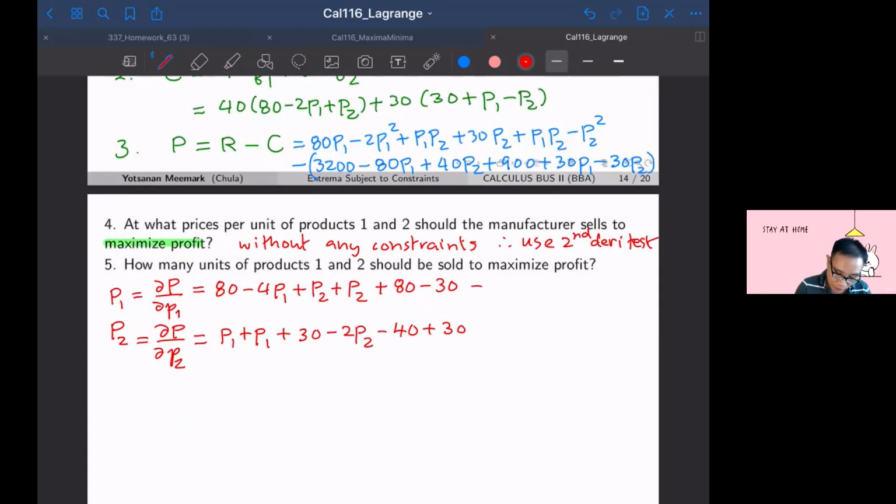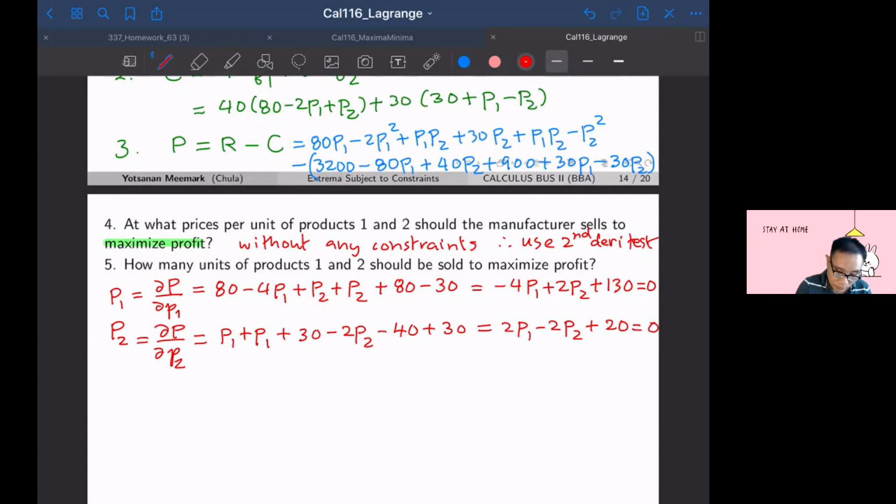After simplification, you would see that this will be negative 4p1 plus 2p2 plus 130 equal to 0. And you have 2p1 minus 2p2 plus 20 equal to 0.